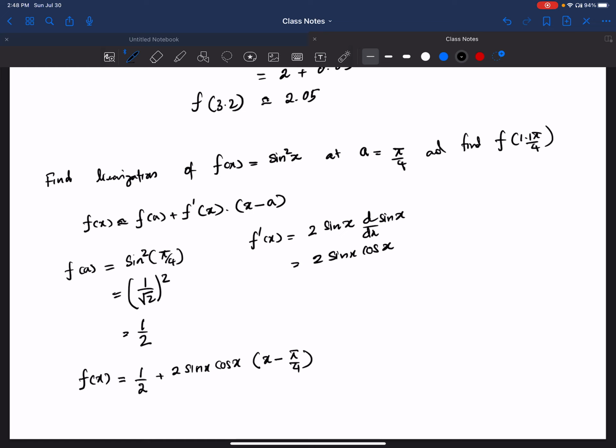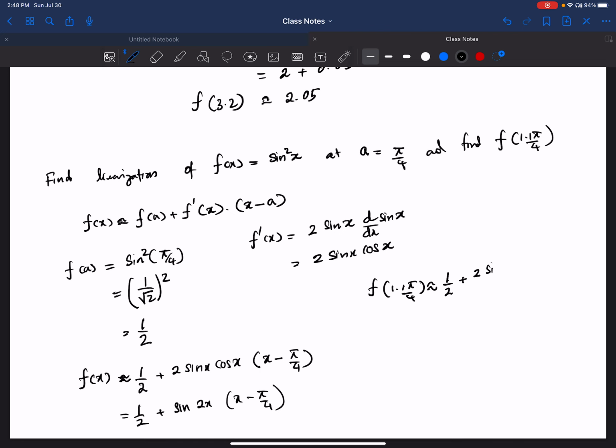Then by using this linearized function, I want to find f of 1.1 pi over 4, which is approximately equal to half plus sine 2x times x minus pi over 4.